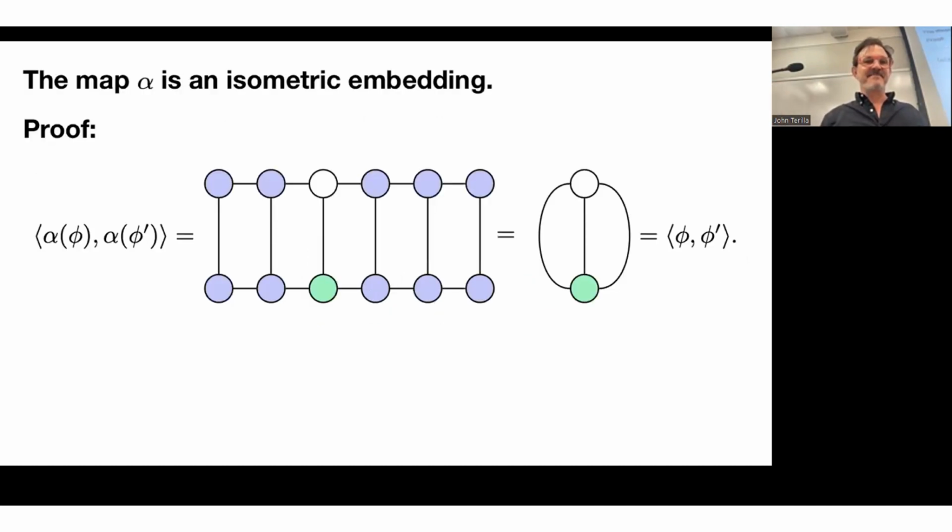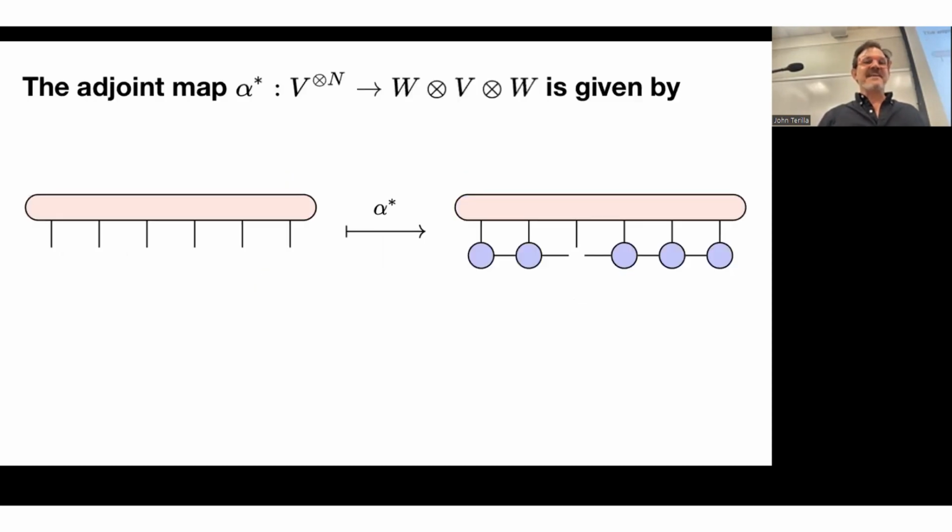And because of the preparation, that map is an isometry. What's the adjoint map look like? Well, the adjoint map goes from this huge vector space, V tensor N, back down to the small vector space. And that has a nice, clean graphical depiction too.